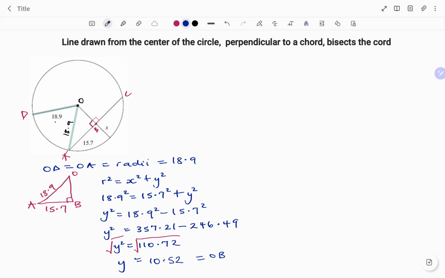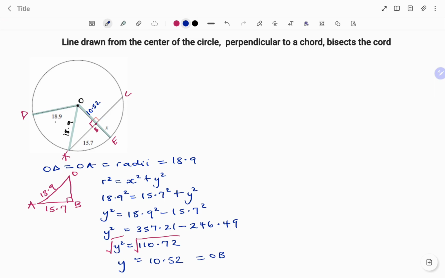So slotting that back into the diagram, I have OB equals 10.52. Note that the radius is also, let me tag this point as E, OE is also the radius, and we've been given the radius to be 18.9.